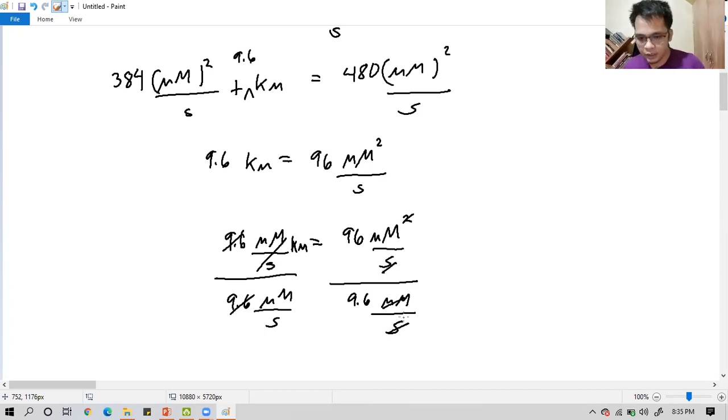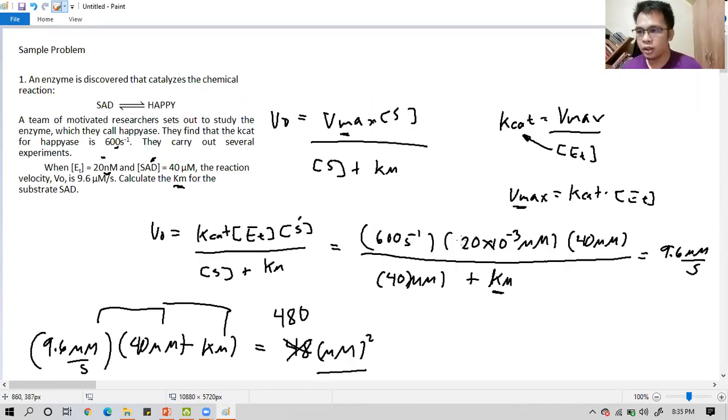After that, the Km value will be 10 micromolar. So that will be our answer, the Michaelis-Menten constant for the reaction.